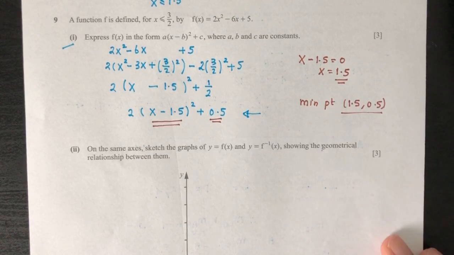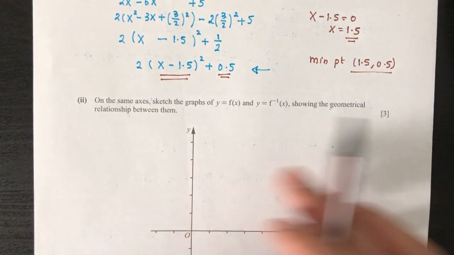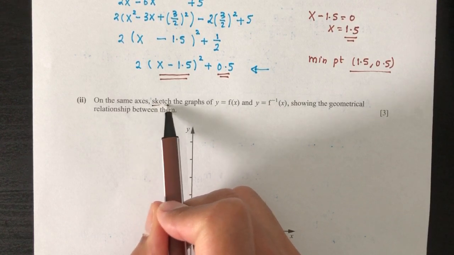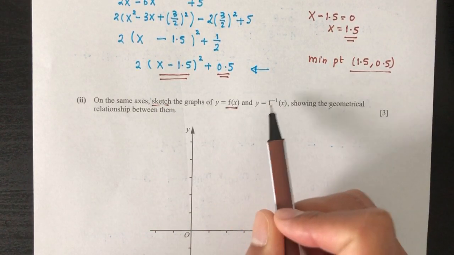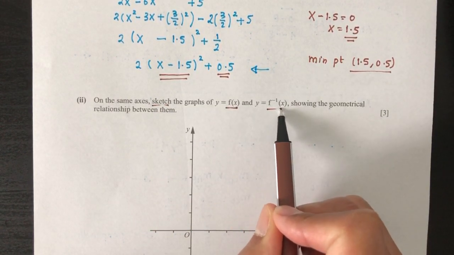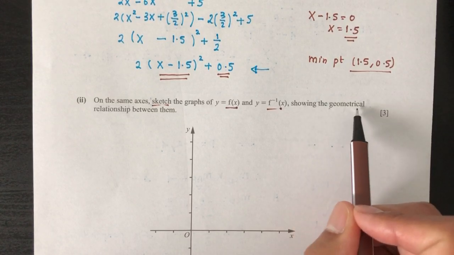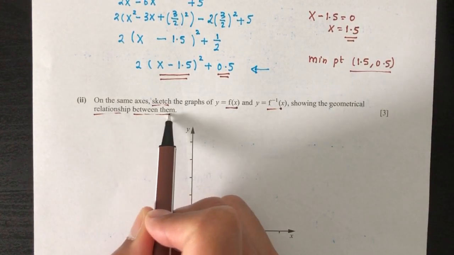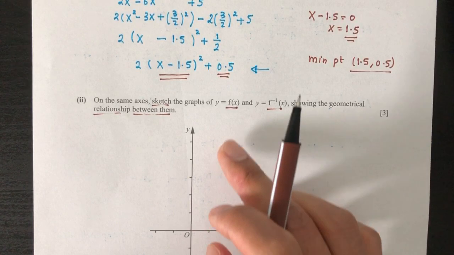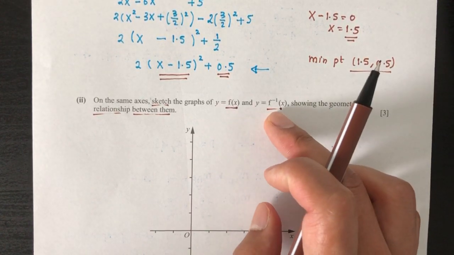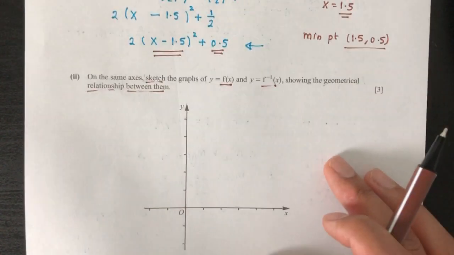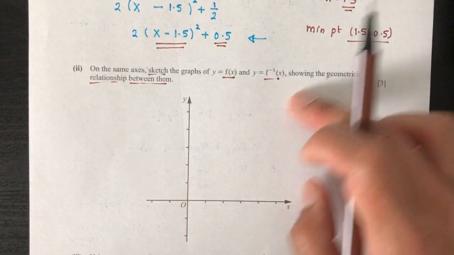Now let's see what's next. We have to, on the same axis, sketch the graph of y = f(x) and y = f⁻¹(x), showing the geometrical relationship between them. As you must know by now, f(x) and f⁻¹(x) are always a reflection in the line y = x.